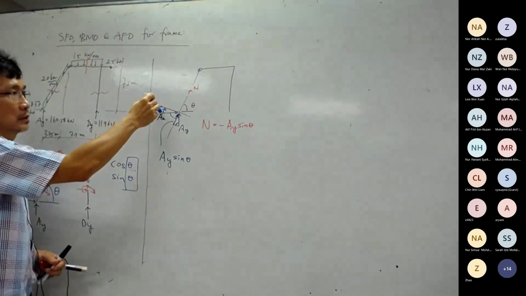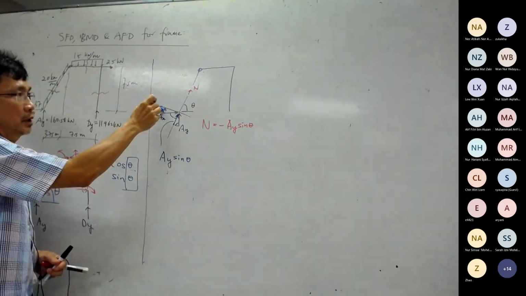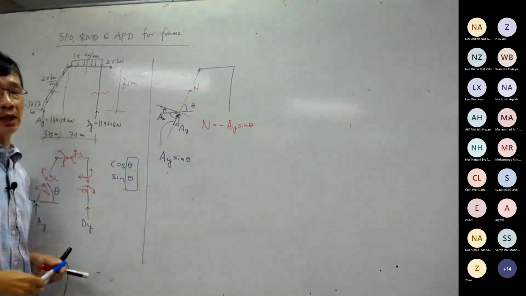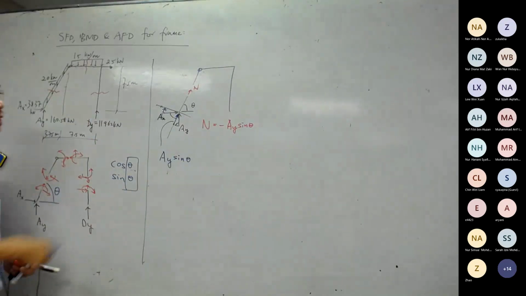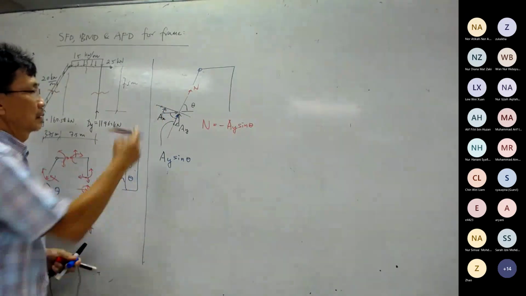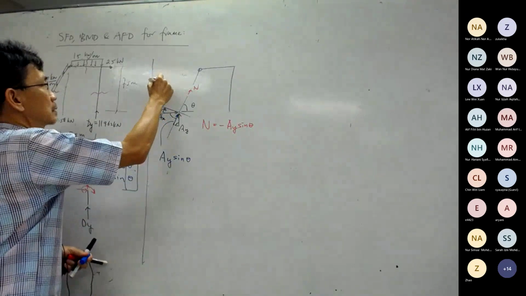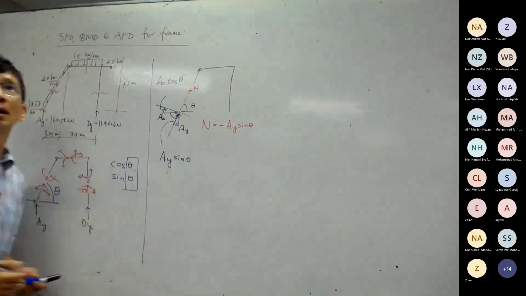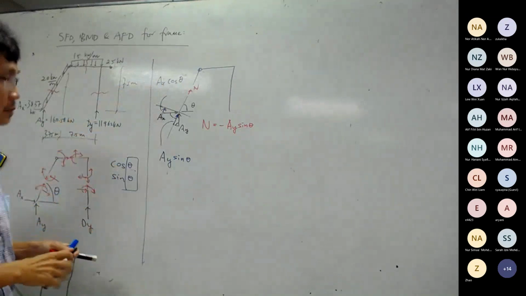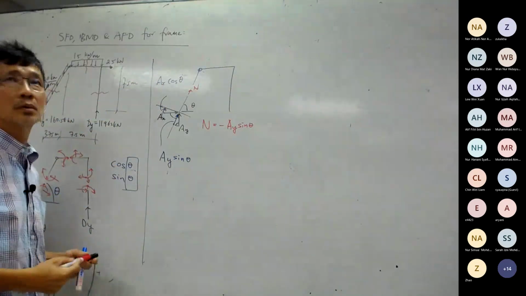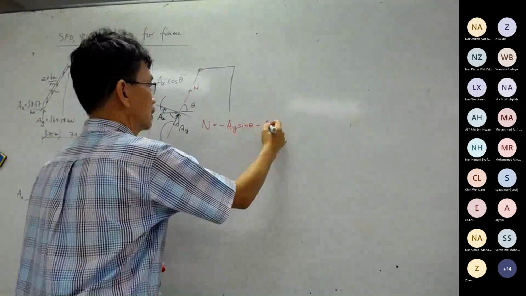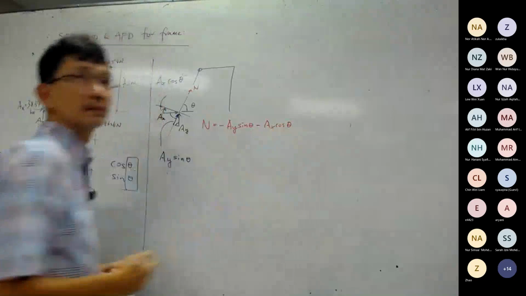So this blue one is the component of AX, which is the horizontal one, in the direction of axial force direction N. And if this is theta, this becomes AX cos theta. Okay. And the direction is like this. So if I now want to consider this in the calculation of axial force, it becomes minus AX cos theta.